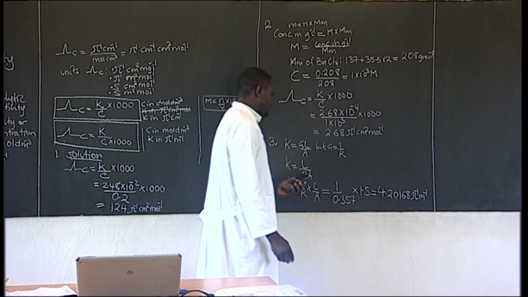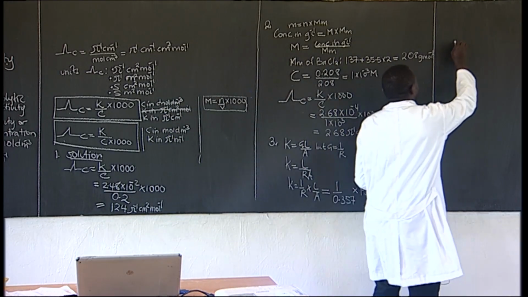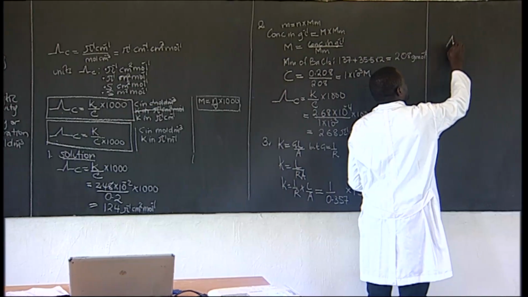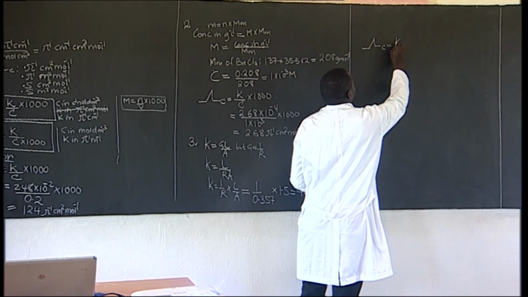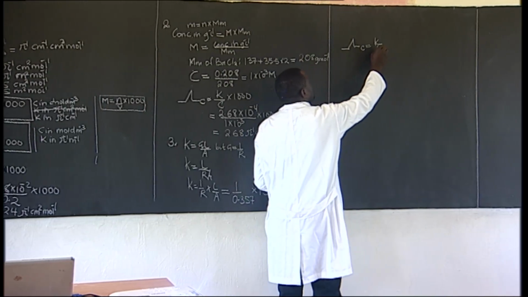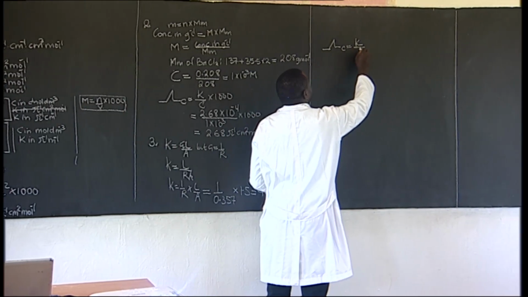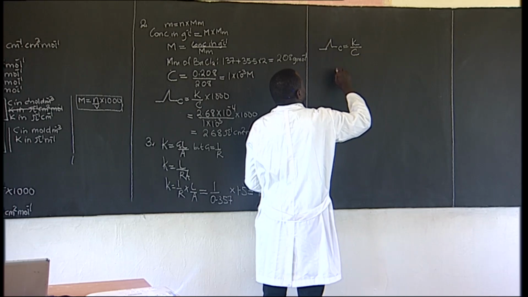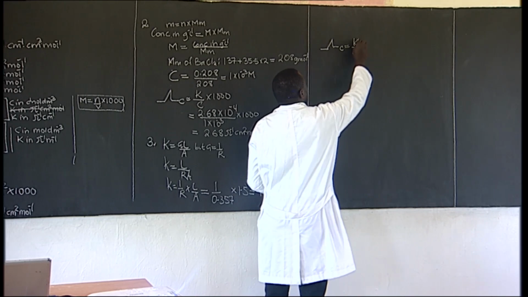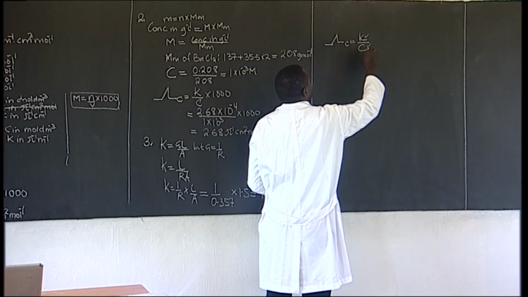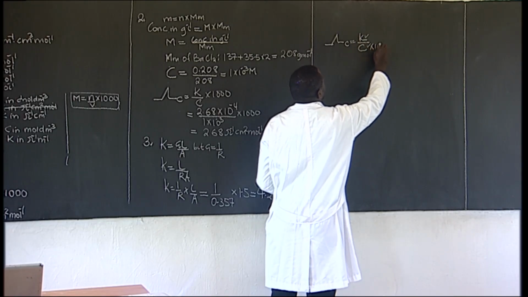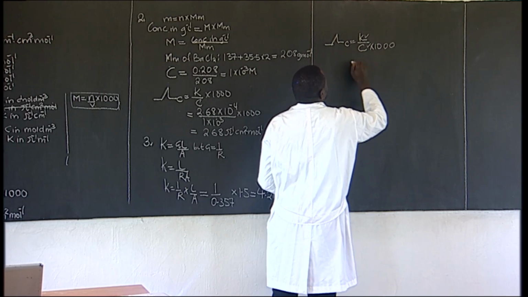Then we come here and say, today we have studied that molar conductivity is equal to the conductivity divided by concentration C. Now we have this, but this one is in meters. So we multiply here by 1,000.